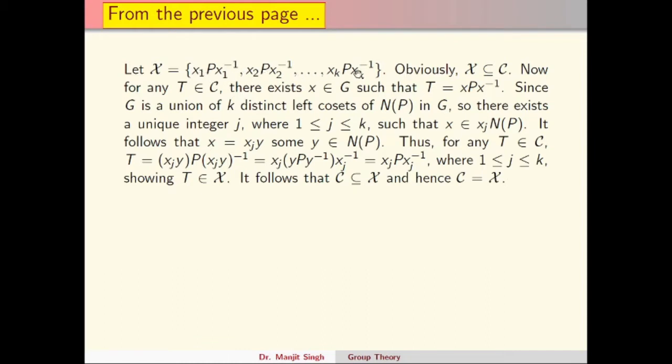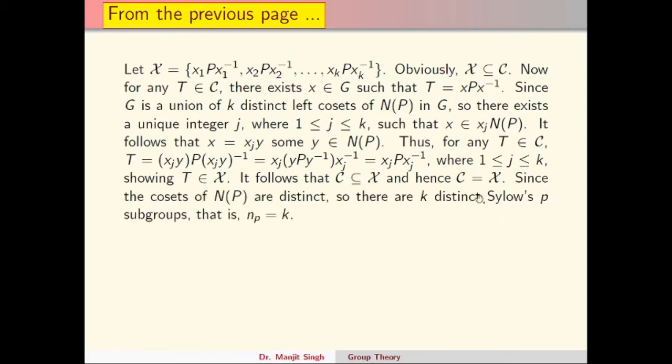It means that the collection of left cosets of the normalizer of P completely determines all conjugate subgroups of P. Since cosets of N(P) are distinct, it is not a big issue to prove that these Sylow p-subgroups contained in X are distinct.